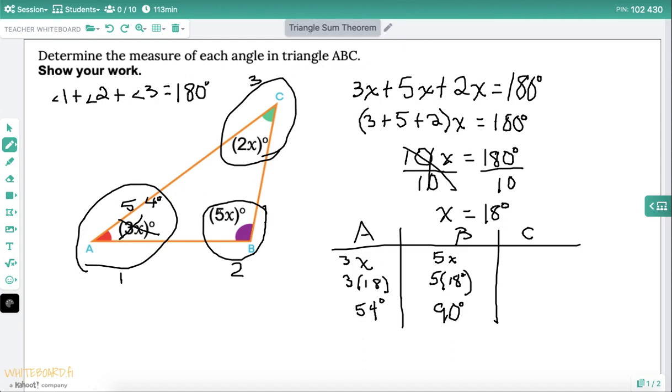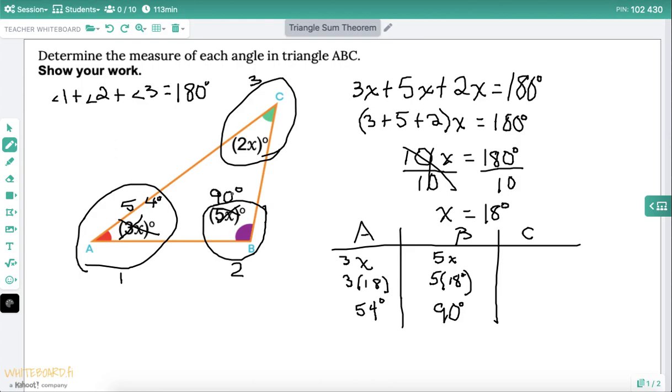Now, I'll say this, I fully understand that does not look exactly like a 90-degree angle, but this triangle is not drawn to scale. This is more for the purposes of understanding how to complete the process here. All right, so far we have 54 degrees and 90 degrees.